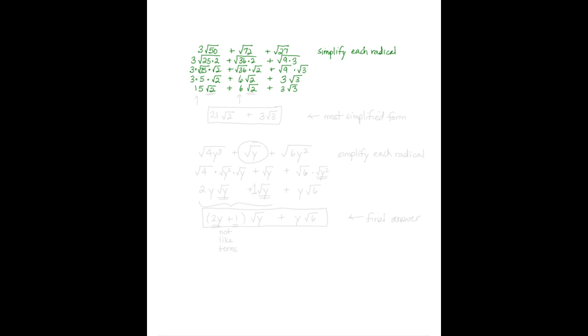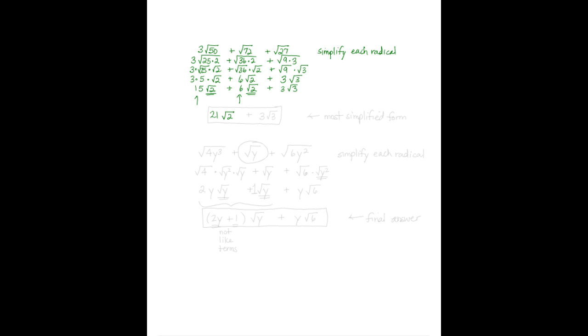This time you'll notice that we only have 2 like radicals. These are the 2 that we can add together. 15 plus 6, giving us 21. Keep the square root of 2. Don't change the square root of 2.